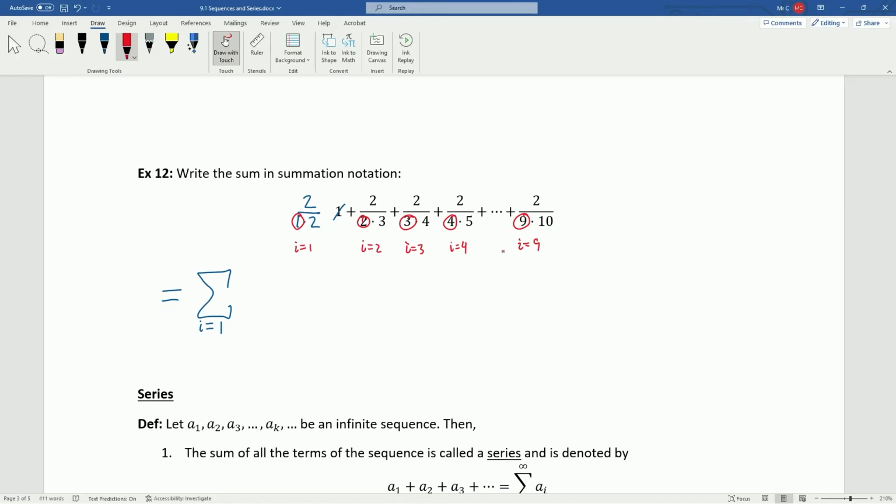That tells us that we're stopping at i equals 9. In our formula, our numerator is always 2, so I can just write 2 there. And in our denominator, the first factor is i, and the second factor is always 1 larger than i, so we can just write i plus 1. And there we go.